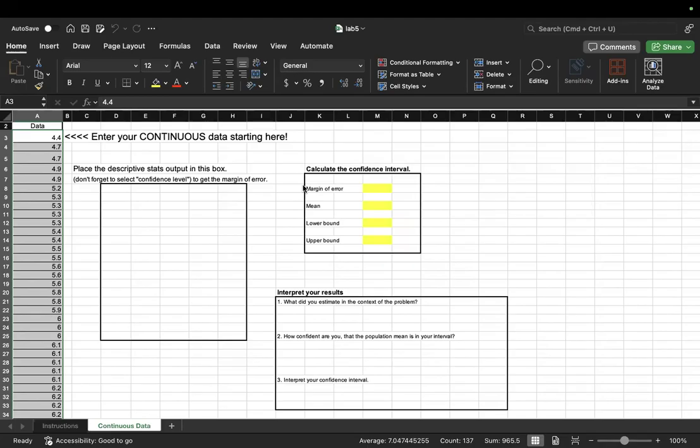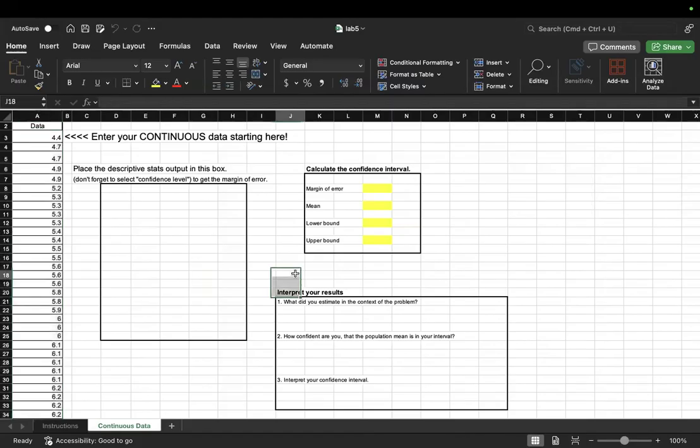Use data that you used before, unless, I mean, if you want to throw in some of your final project data, go for it. I don't care what data you're using as long as you have at least 20 data values. That's all I care about. I'm not going to grade you on whether it is correct as long as there's at least 20.